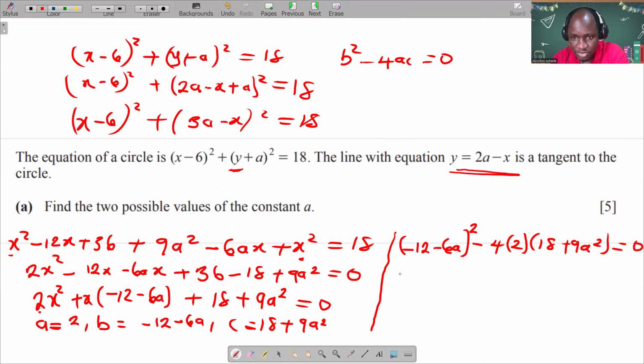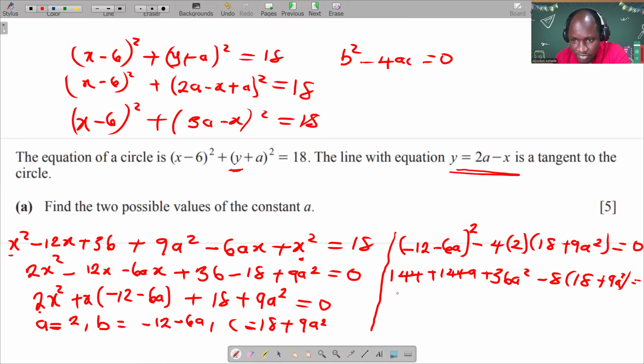If I expand it, this will give me 144 plus 144a plus 36a squared, minus 8 into bracket 18 plus 9a squared equals 0.